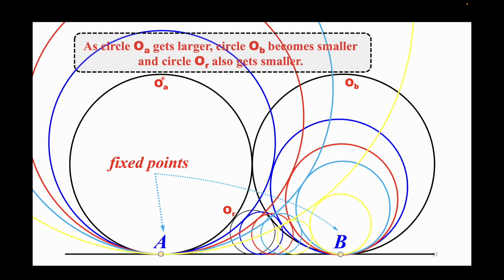Now, if OA gets larger to become this one, definitely OB will become smaller, and the constructed OR is smaller.